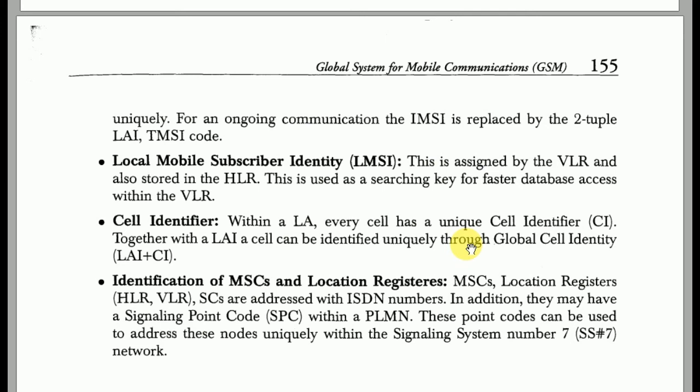It is an address that is used to address the signaling points in a SS7 network. These point codes can be used to address these nodes uniquely within the Signaling System number 7 network.